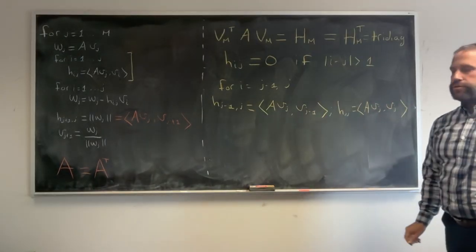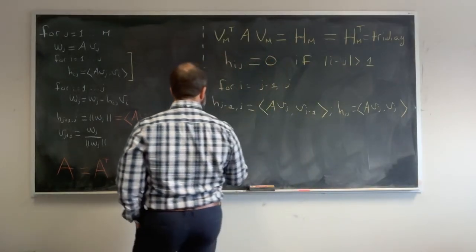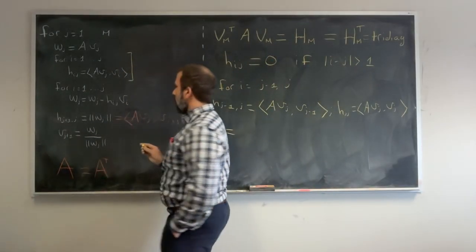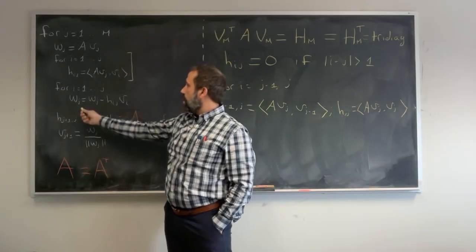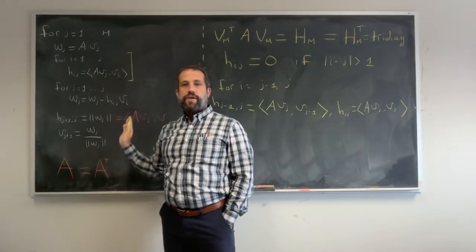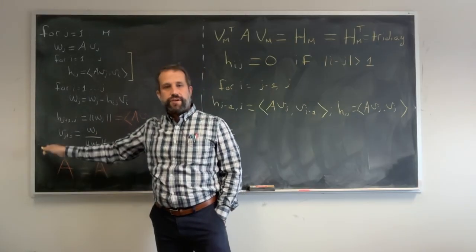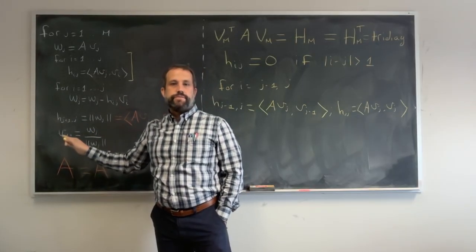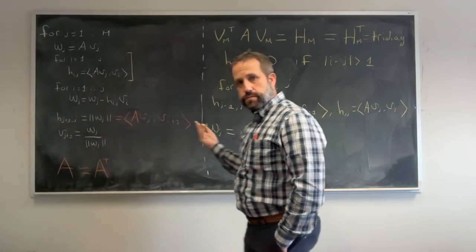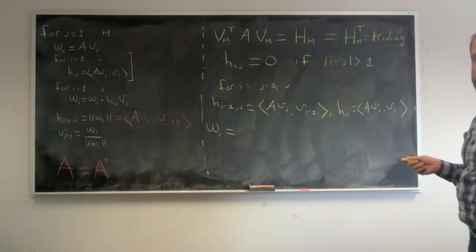And now what's wj going to be? We define wj right here, and this step right here, we're just subtracting off the projection of wj onto the previous vectors. But under this assumption, it is orthogonal to all of the previous vectors except for perhaps the last two.